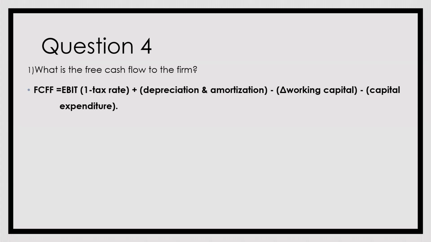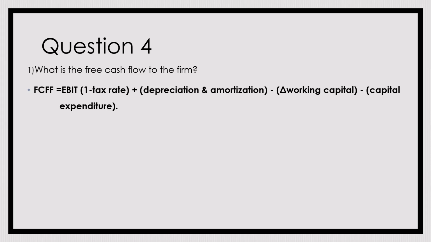So I have told you the impact of the changes in working capital on the cash flow in my video of cash flow analysis. There I have explained that when the asset values are increasing, it has a negative effect on the cash flow.